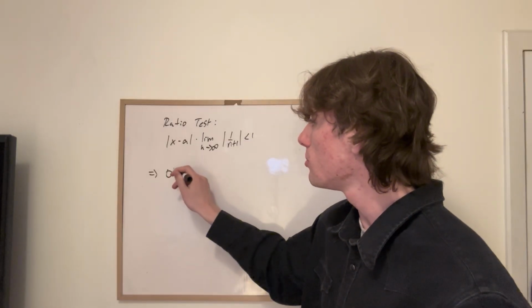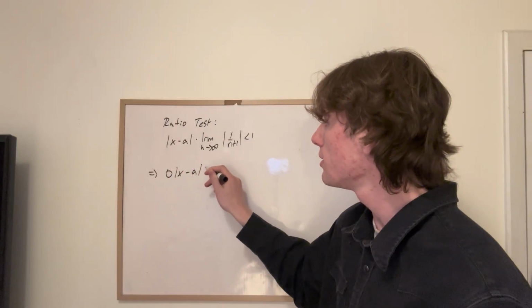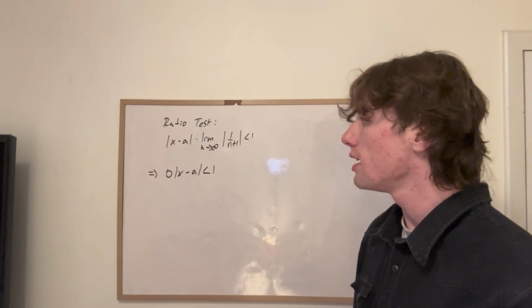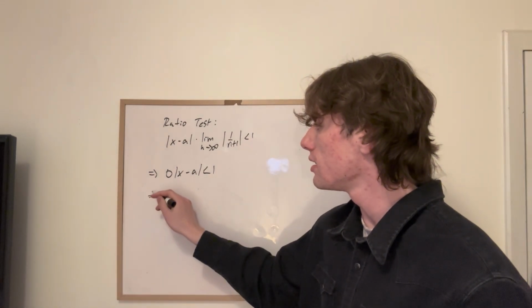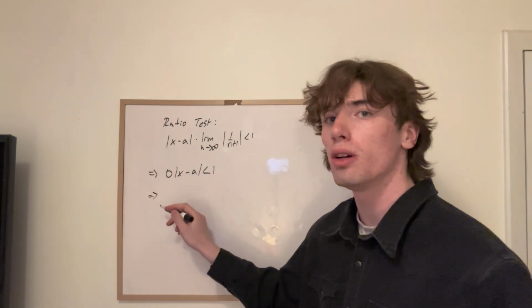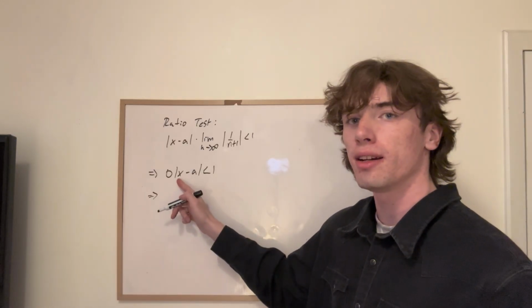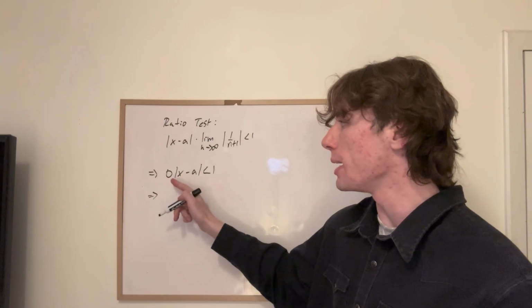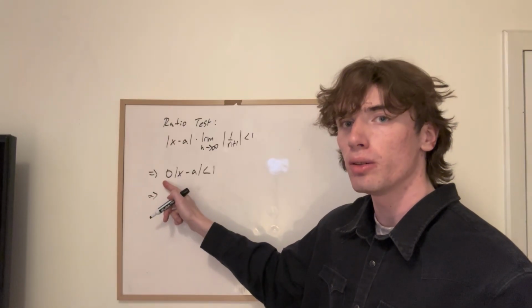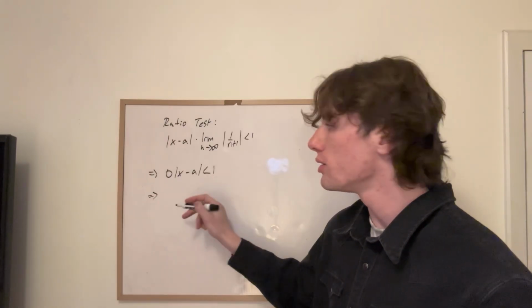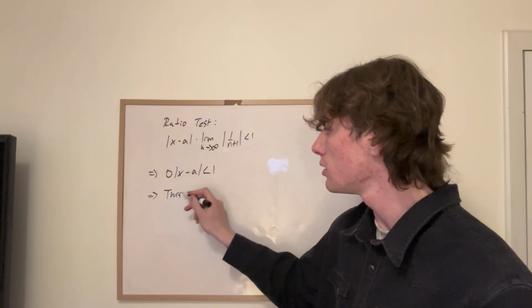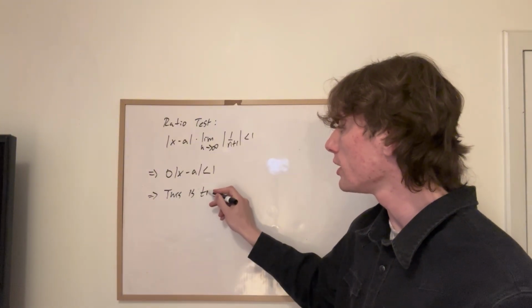So we have 0 multiplied by the absolute value of x minus a, which is less than 1, which means that this is true for all values of x. No matter what value of x I put in here, I'm always going to be multiplying it by 0, and 0 is always less than 1. So this is true for all real numbers x.